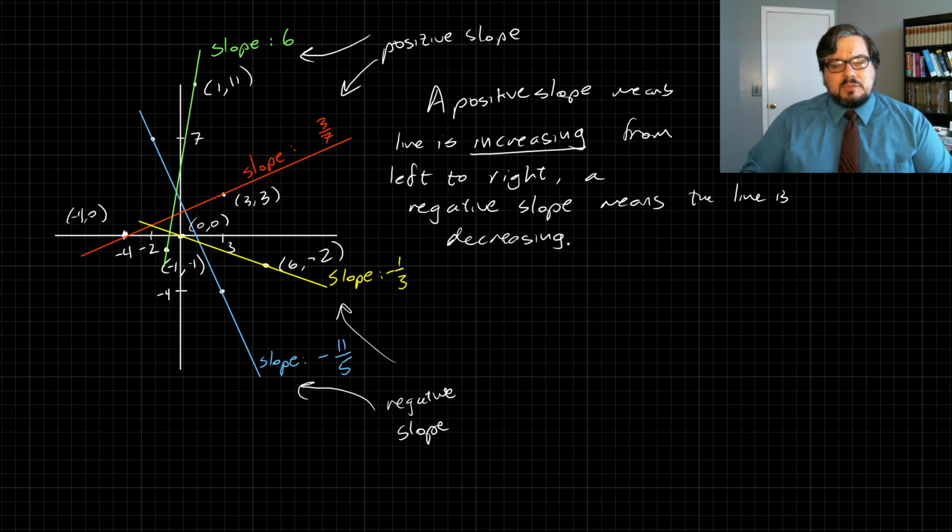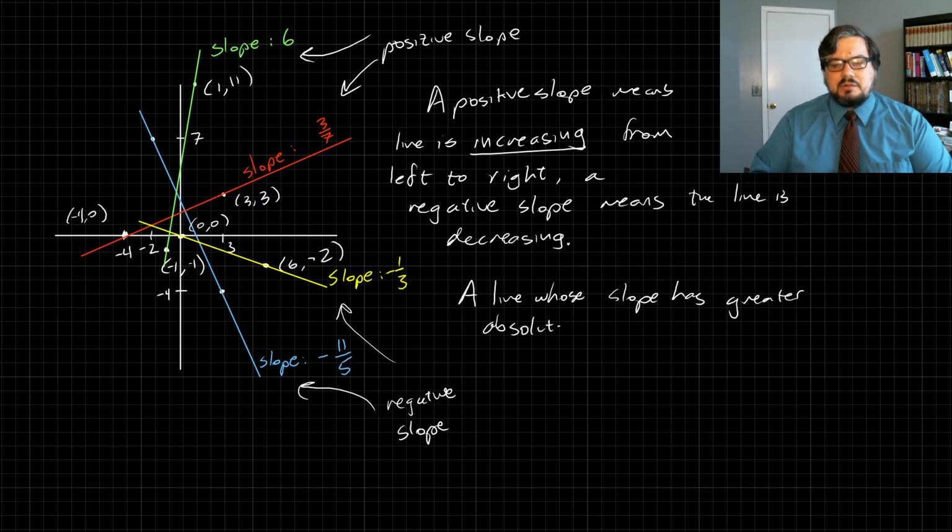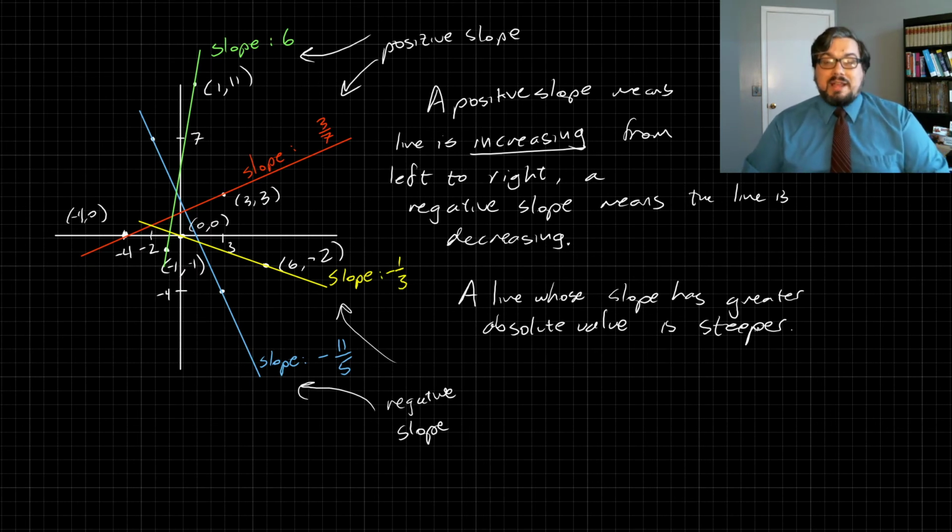So I'll write it down this way. What we need to do is look at the absolute value of the slope. A line whose slope has greater absolute value is steeper. So we say that the blue line is steeper than the yellow one because its slope has greater absolute value.